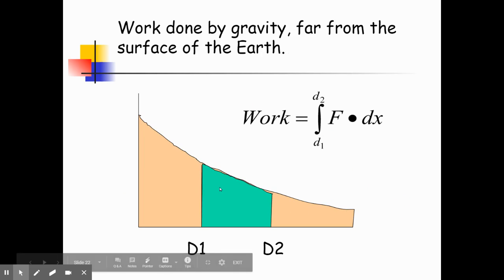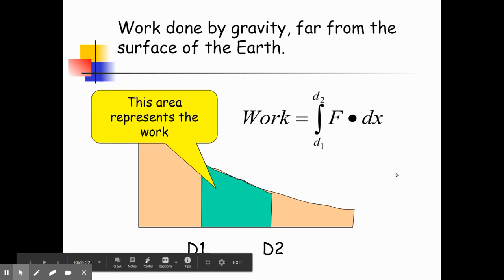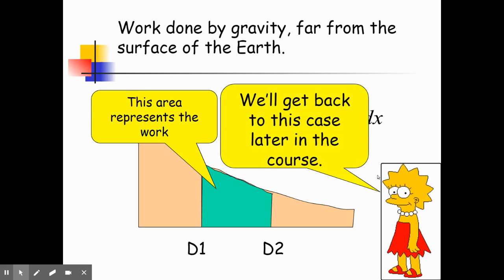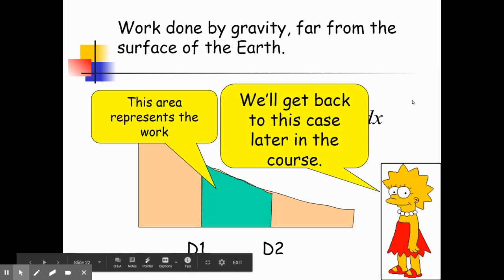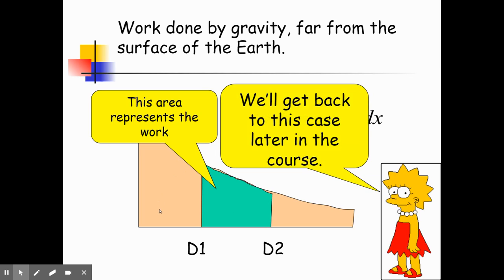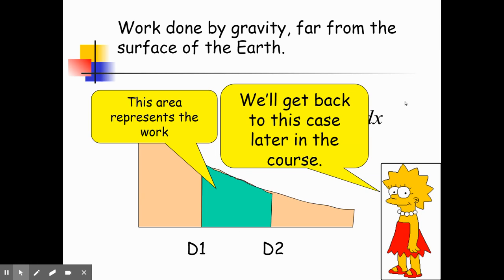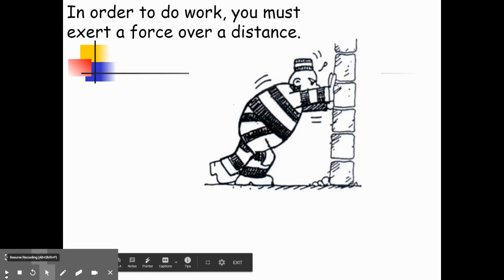So if I were to find the work done here, between these two distances, I would need to find the area of that. But we will get back to this a little bit later. For right now, all you need to know is that it's a graph that looks kind of like this, and the area is equal to the work done.